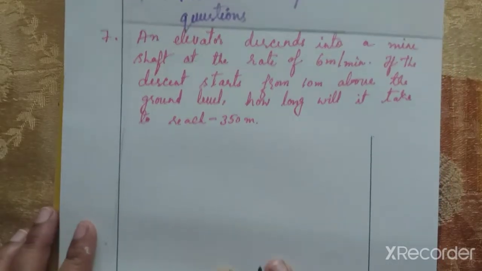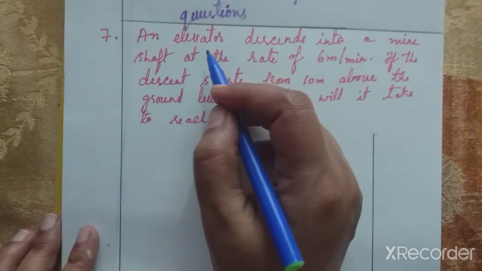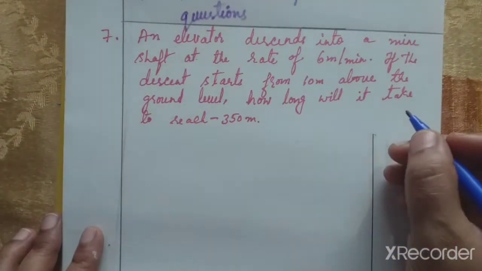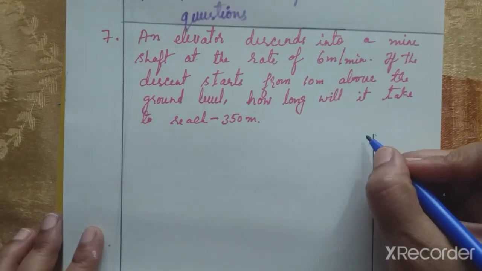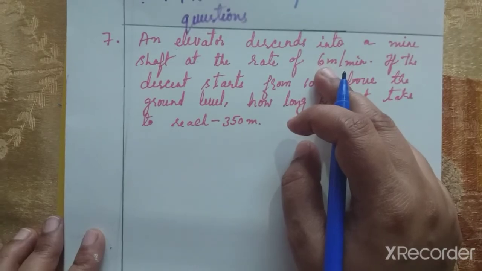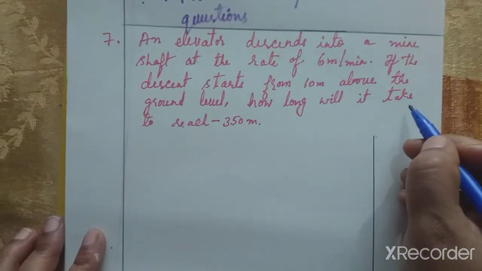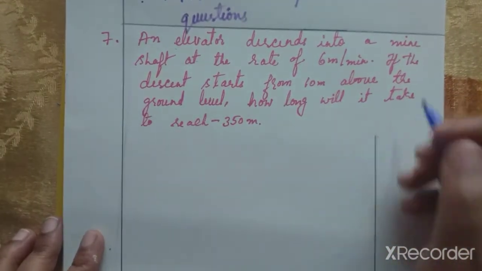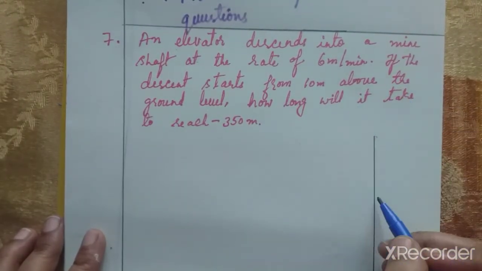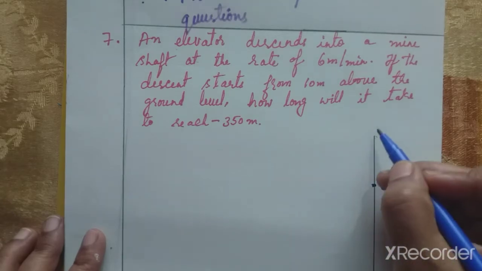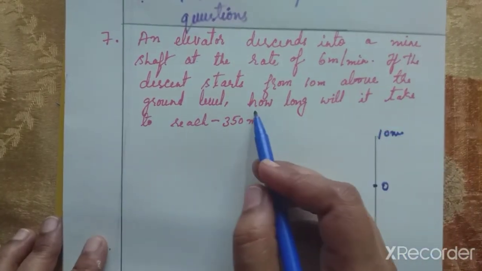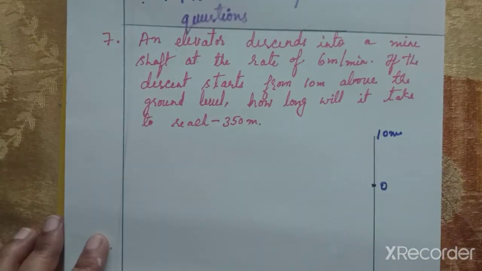So here, an elevator, a lift, descends, which means the lift is coming down, down a mine shaft at the rate of 6 meters per minute. So in 1 minute it goes down 6 meters. If the descent starts from 10 meters above the ground level, so here ground level is 0, how long will it take to reach minus 350?